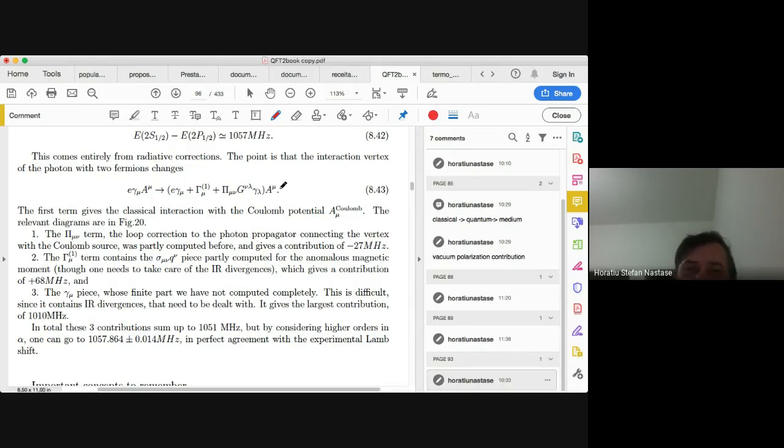So that's a non-trivial calculation, but it gives a very small contribution. It gives only minus 27 megahertz compared to the total thing that's 1,000.